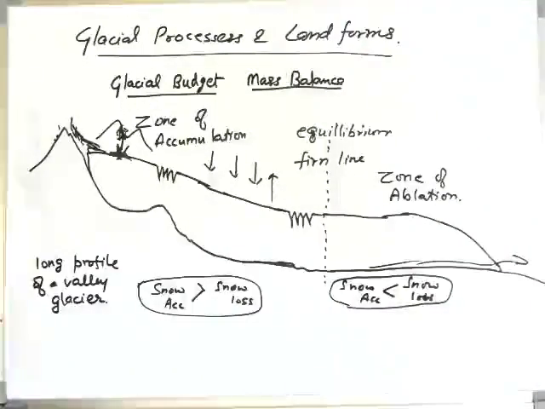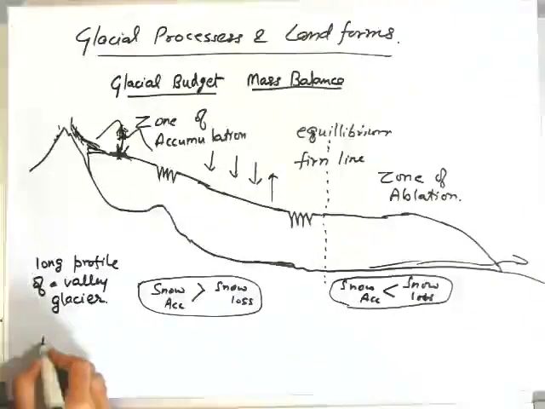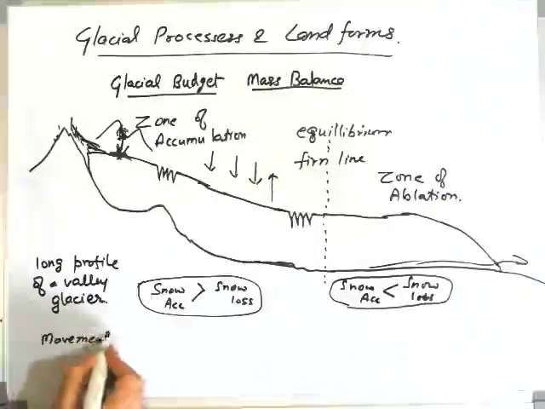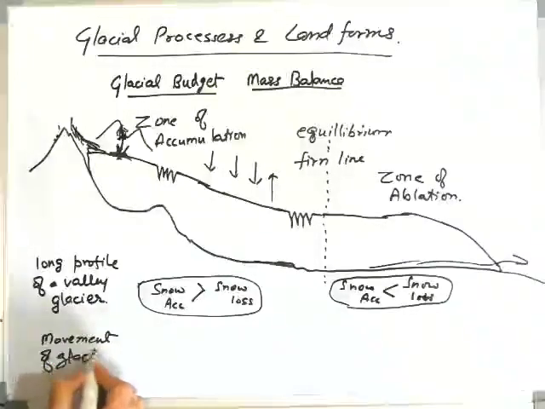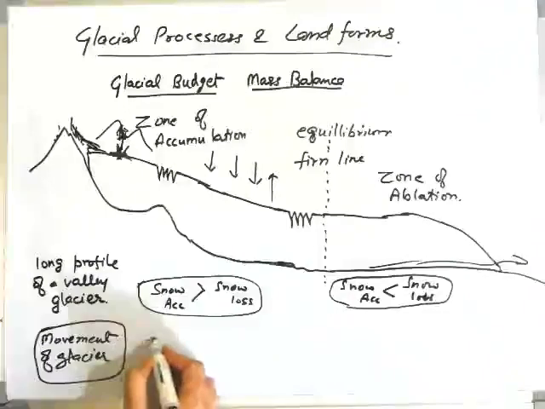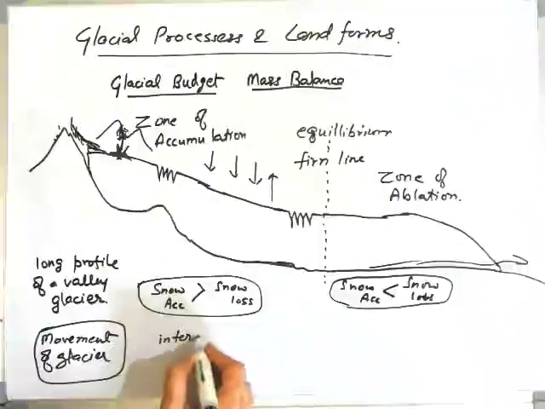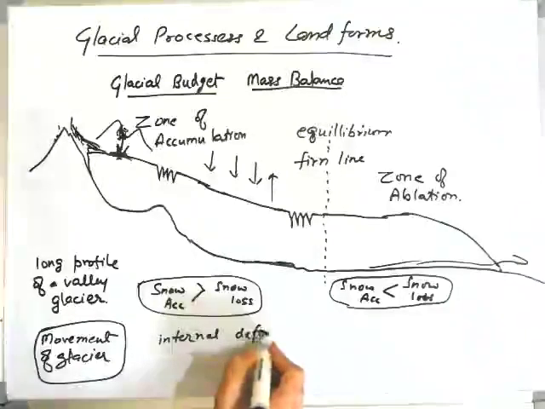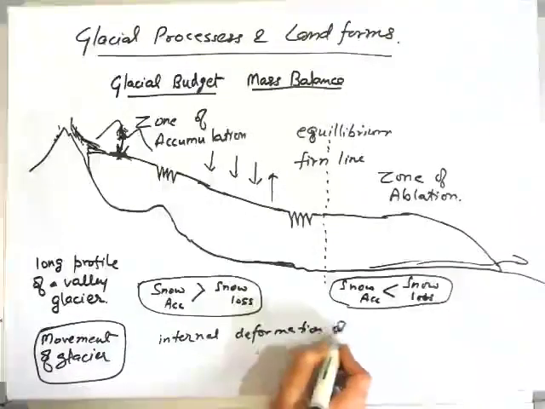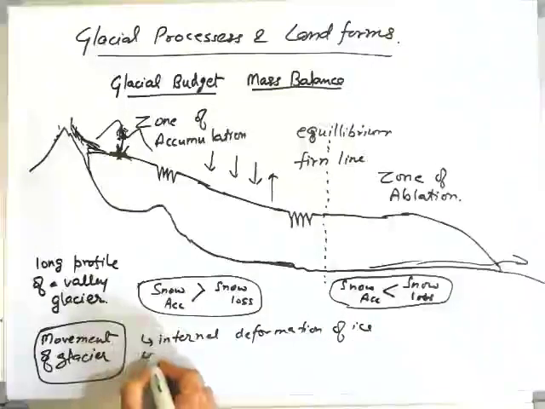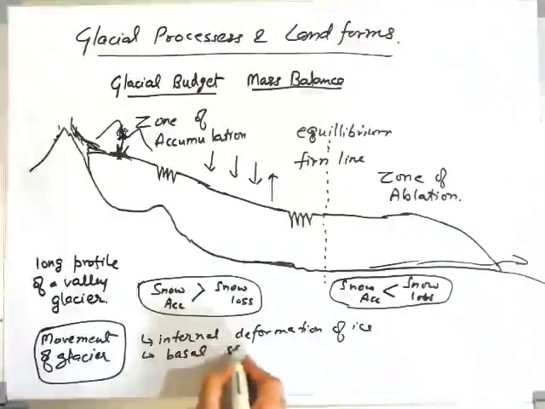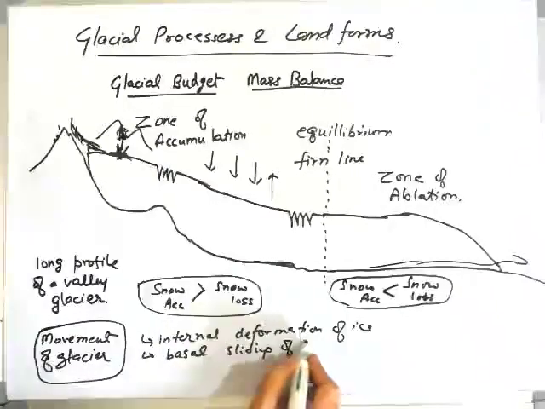Now, one thing that has to be looked at here is the movement of glacial ice. The movement of a glacier may take place by internal deformation of the glacial ice, or by the basal sliding of ice.